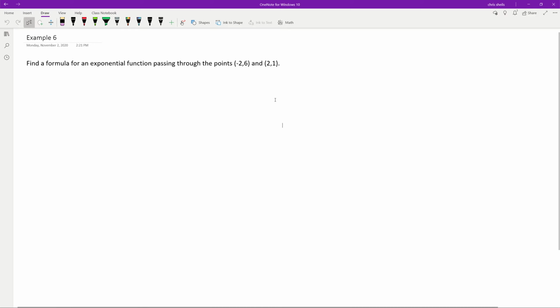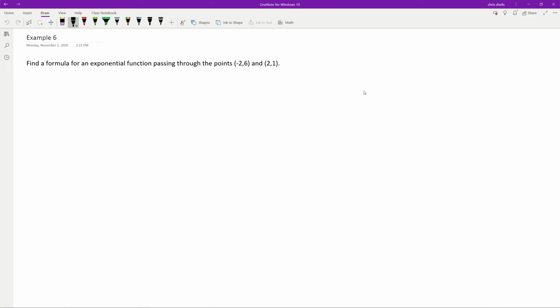Let's look at another example. Find a formula for the exponential function passing through the points (-2, 6) and (2, 1). Here, we don't have an initial value, so we have to take a slightly different approach. We're going to solve for one of our variables and then plug that substitution into another equation.